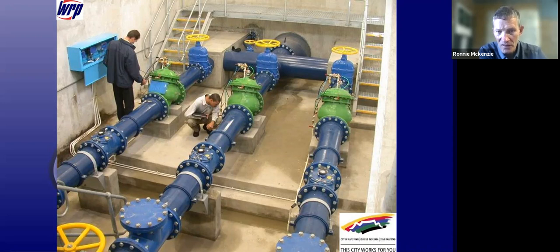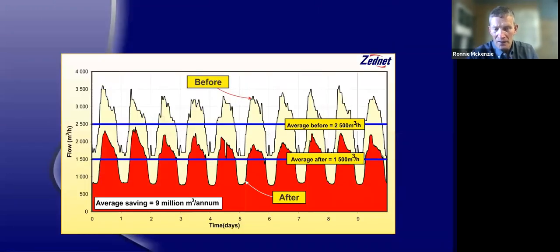You can see we used green valves in this one, and we used the gate valves. We used a blue gate valve and a blue meter, so it was pretty well coordinated. It looked fairly fine, and that was the logging before and after.